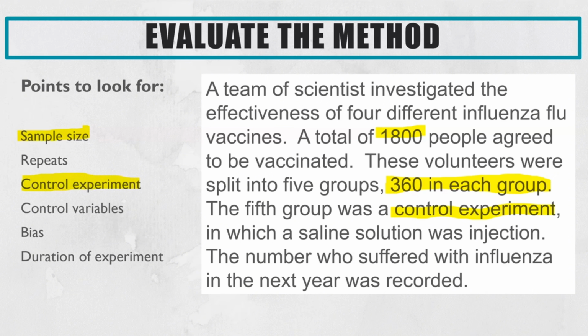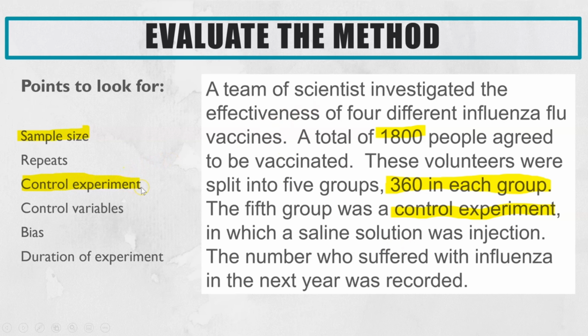The next thing that we can see here is we're told that the 5th group was a control group, or the control experiment. They were given just a saline solution instead of one of the active drugs in the vaccine.